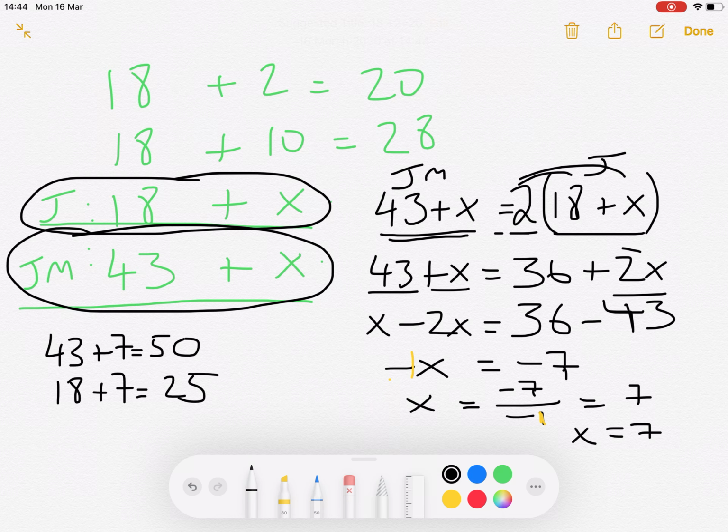And that's telling me that Joanne's mother is twice as old as Joanne in 7 years, or when X is equal to 7. So when Joanne is 25, Joanne's mother is 50. Done.